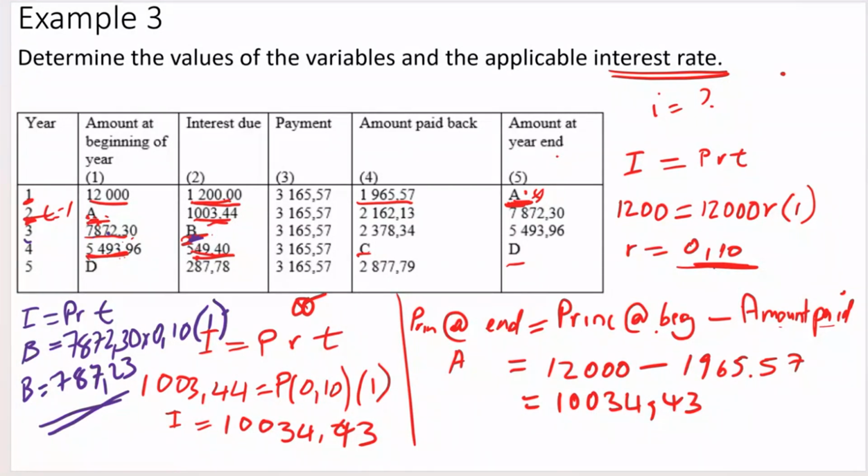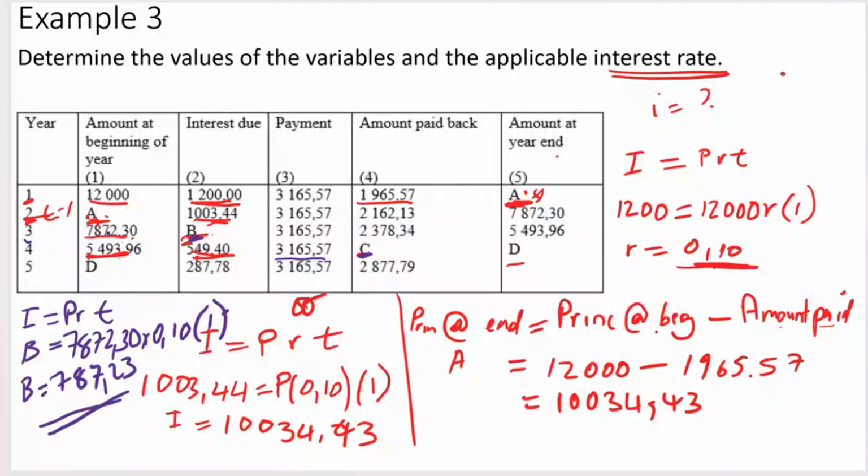C. To get your C, the amount that you pay back. Remember, what is the formula for the amount that you pay back? The amount that you pay back is equal to the actual amount that you have, the cash that you have. You've got 3,100, you subtract the interest.